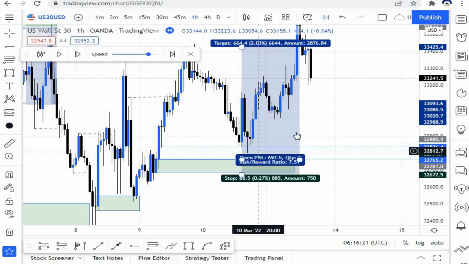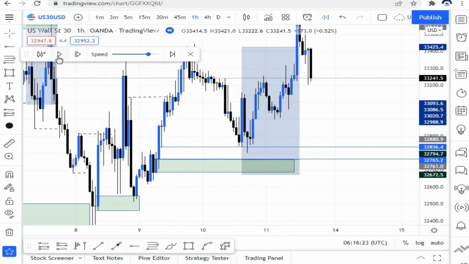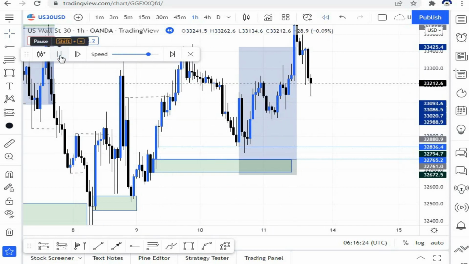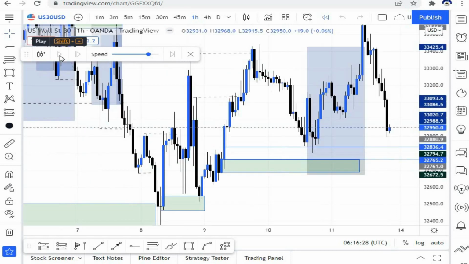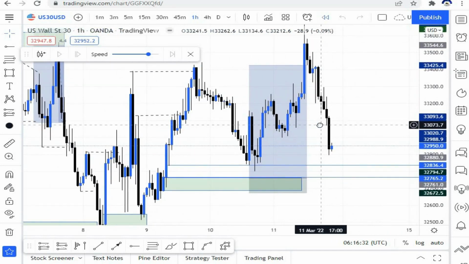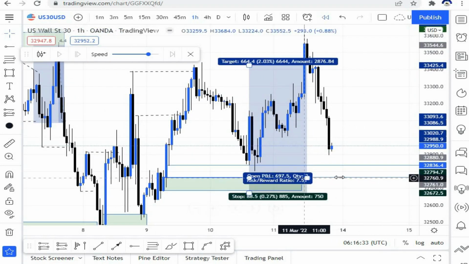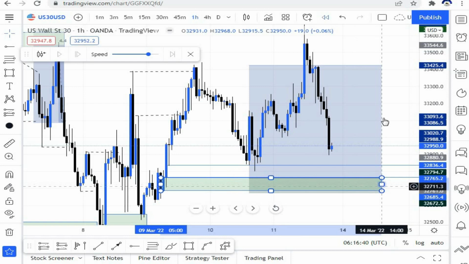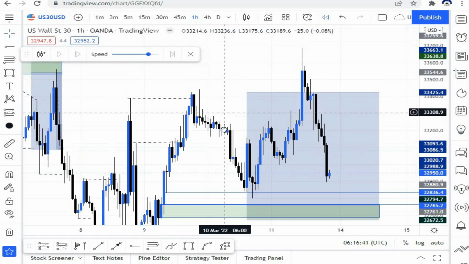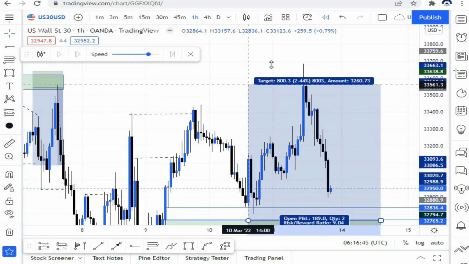Here, there was a gap which was being filled, and now let's see what the price would do. Okay, so this is where the price closed at. So what I would like to see is that the price will react on this demand. They'll respect it or they'll break it, but I'll be looking forward to longs next week.